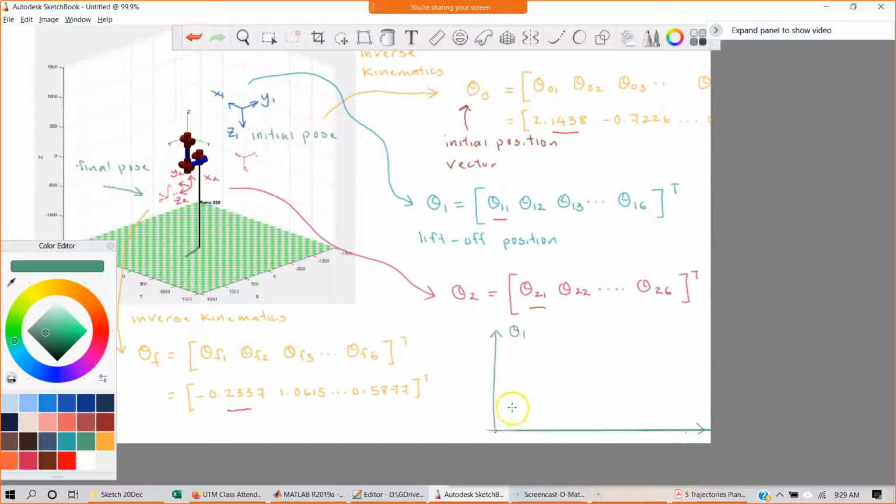So we have to design a trajectory for joint number 1. So this is where we have our theta 0,1.